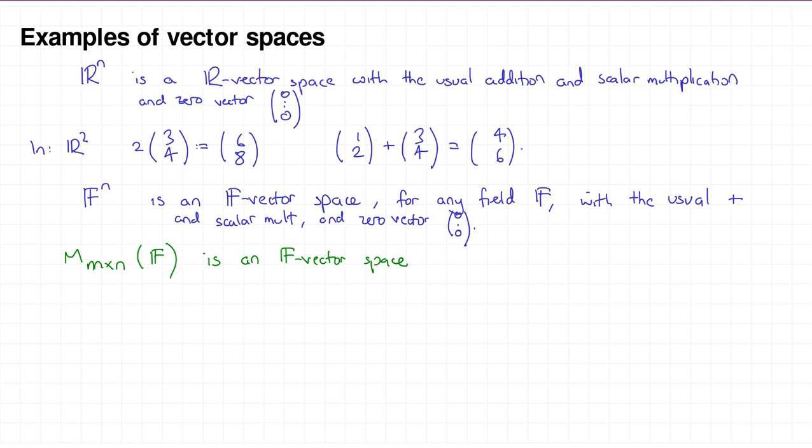Again, when you define a vector space, we have to say what the addition is, what the scalar multiplication is, which field we're allowed to multiply by, so where the scalars in scalar multiplication come from, and what the zero vector looks like. And in this case, it's just the usual matrix addition and scalar multiplication, and the usual zero matrix.